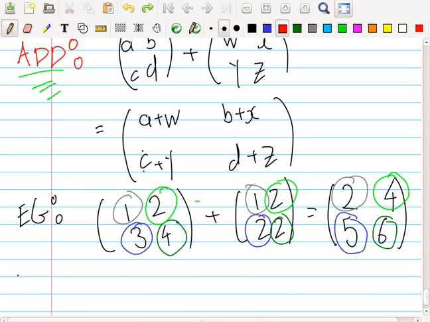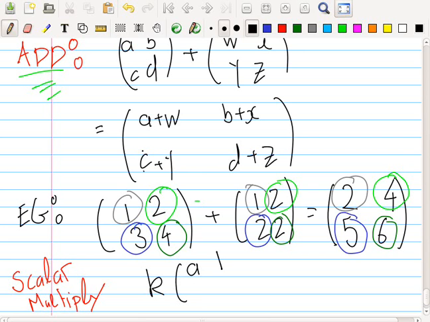The next one is called scalar multiply. So that's when you have a number like k and you multiply it by A, B, C, D. And again, you could probably guess what the rule would be. What do you think the rule would be?